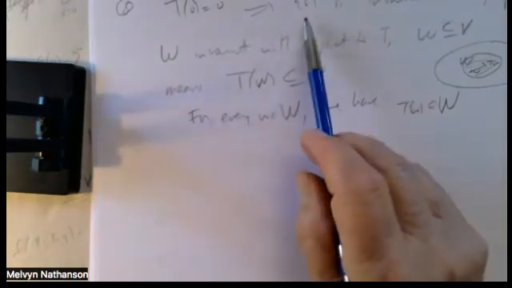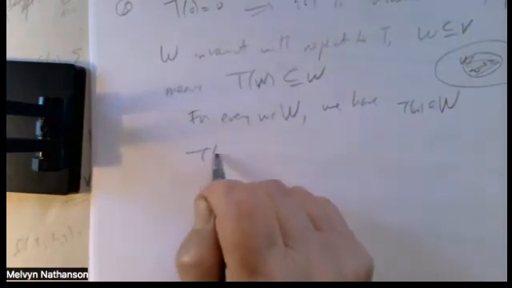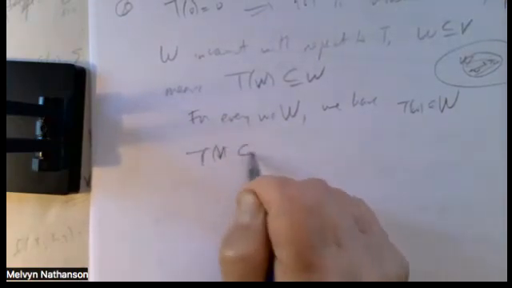So T of 0 equals 0. That means the 0 subspace gets mapped to 0, means it's invariant. And T of V is certainly contained in V, so V is also invariant. So this is just a matter of thinking carefully about the definition of invariant.